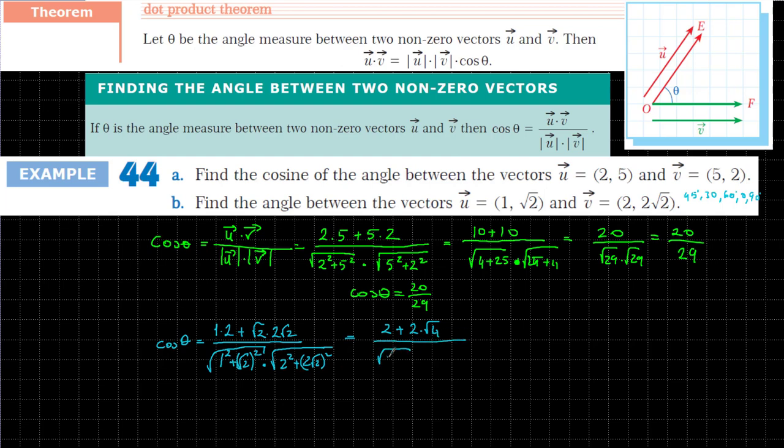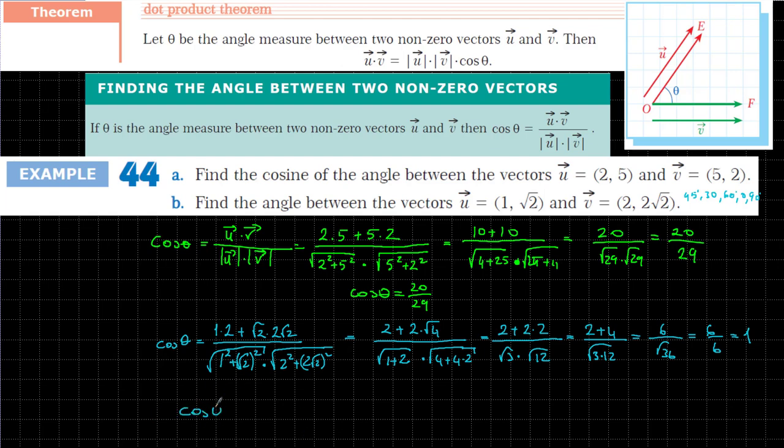Down below, 1 plus root 2 squared is equal to 2 plus 1, which is 3, and 2 squared plus 2 root 2 squared is 4 plus 4 times 2, which is equal to 12. So 2 plus 4 divided by root 3 times root 12, which is equal to 6 over root 36, which is 6 over 6, equal to 1.